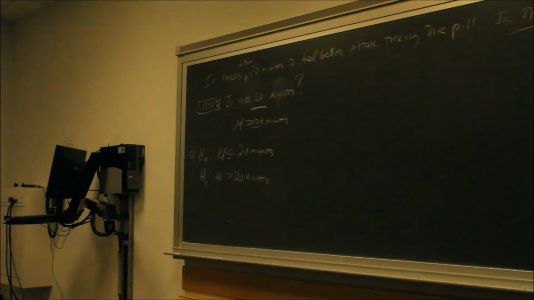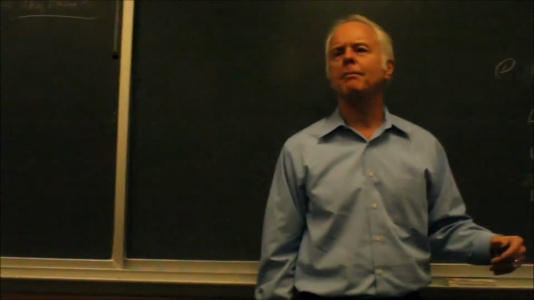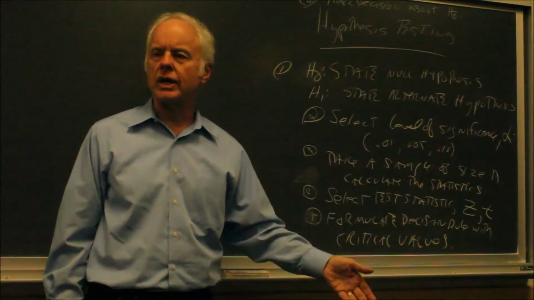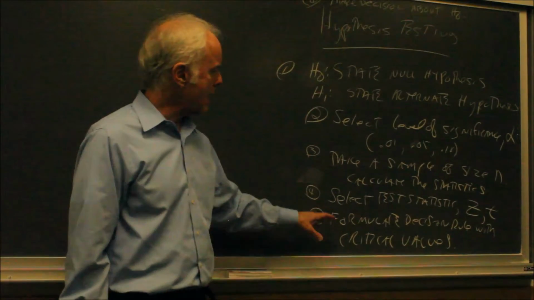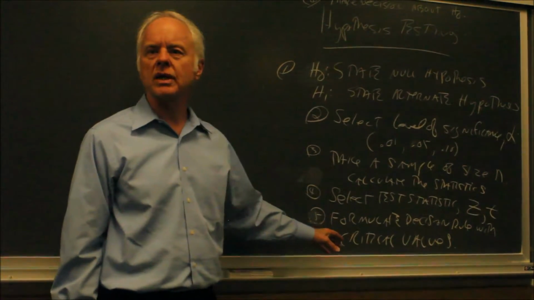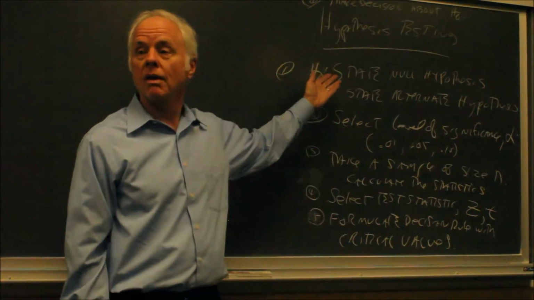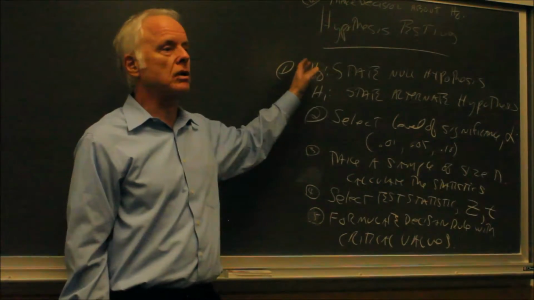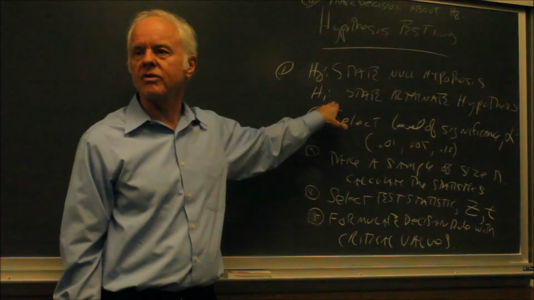Okay? And you have to set that up correctly, because when you get to step 4 and step 5, you place the test statistic into the decision rule. And the decision rule is going to be something like this. Well, if it falls between here, you accept H0. If it doesn't, then you reject H0 and accept H1. And so you say, okay, I'm rejecting H0, and you go back to H0, and you say, oh, okay, this is rejected, and so I'm going to accept the alternate.